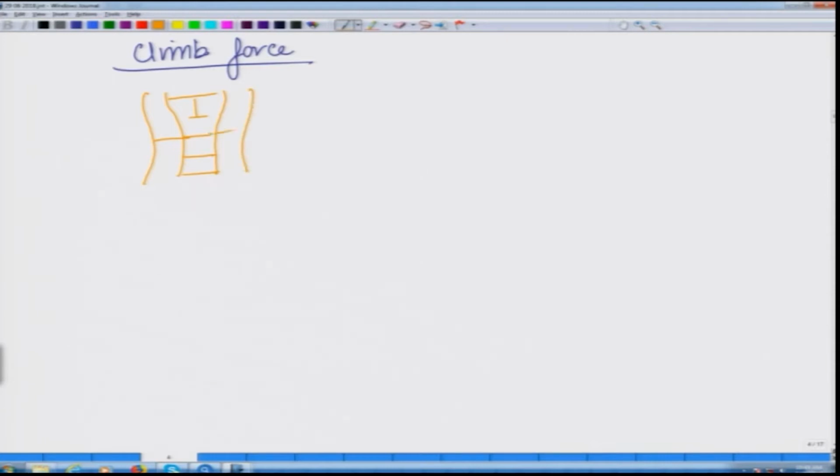Now, this dislocation, which is a line perpendicular to the screen, can either move up. If it moves up, climbs up, it will look something like this.